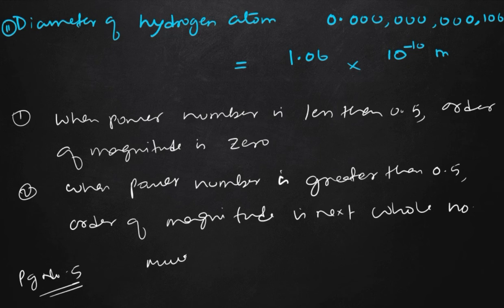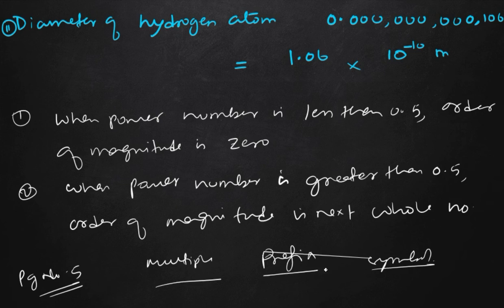You need to remember this. 10 to the power 9 is called giga, and the symbol is capital G. Similarly, 10 to the power 6 is called mega, represented as capital M. Similarly, 10 to the power 3 is kilo. So you need to complete this.